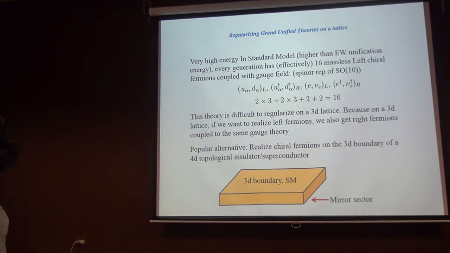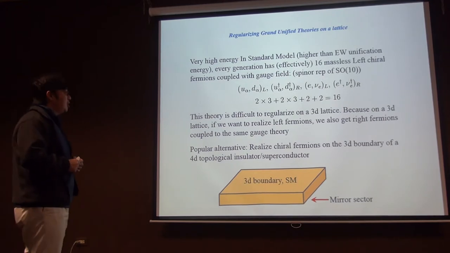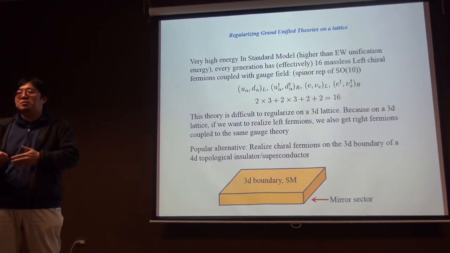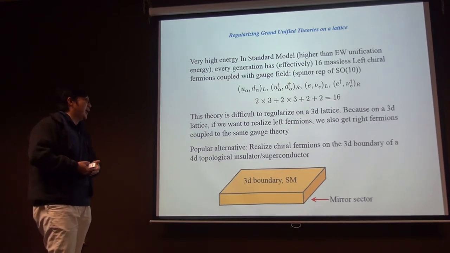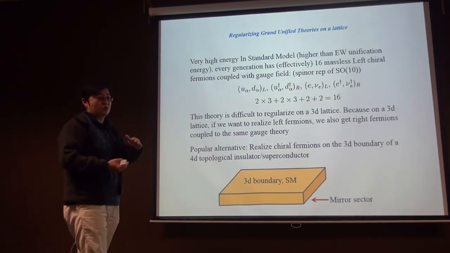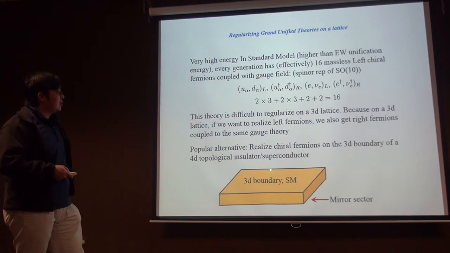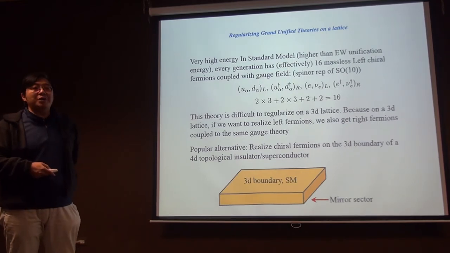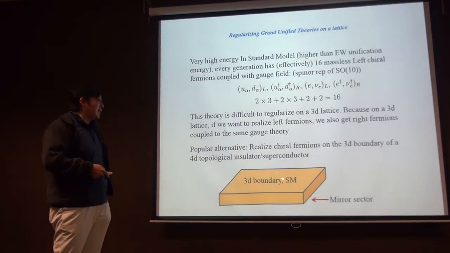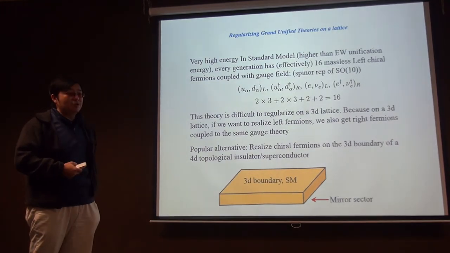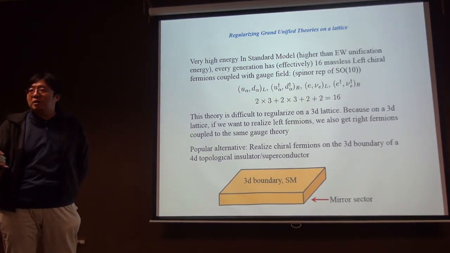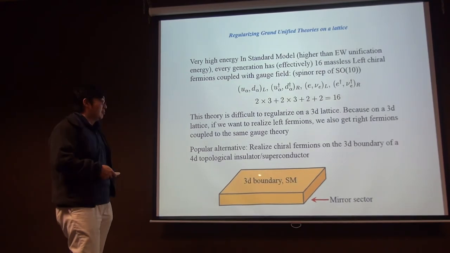Okay, but there's one quite popular alternative. The no-go theorem says that there has to be a mirror sector, but it didn't tell us where the mirror sector has to be. So we can just spatially separate the mirror sector into 2 parts. For example, I can just realize the standard model or the grand unified theory on the 3-dimensional boundary of a 4-dimensional bulk. And the bulk could be some topological insulator, topological superconductor, whatever, but it has a boundary state.